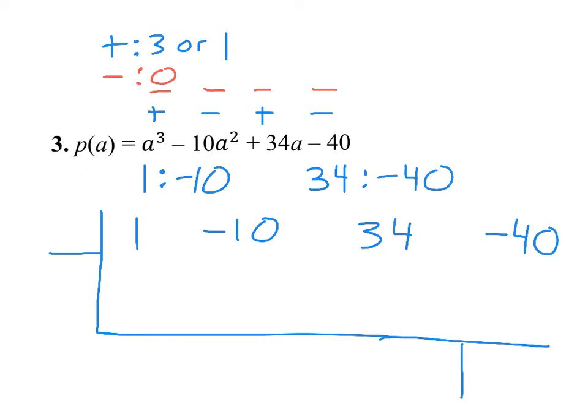negatives. And then we could also make the list of possible rational roots. So factors of 40 divided by factors of 1.